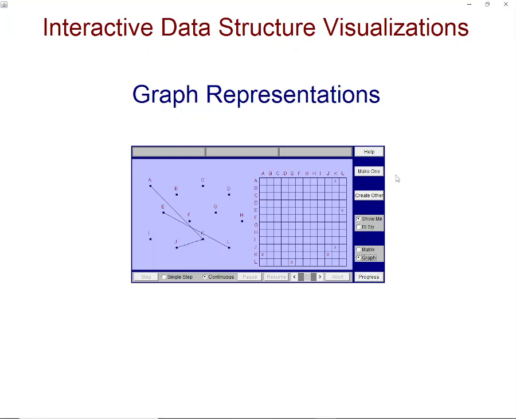If we go in the other direction and create one, every edge in the graph will have two corresponding entries in the adjacency matrix. The reason for this, of course, is that in this example we are dealing with an undirected graph.